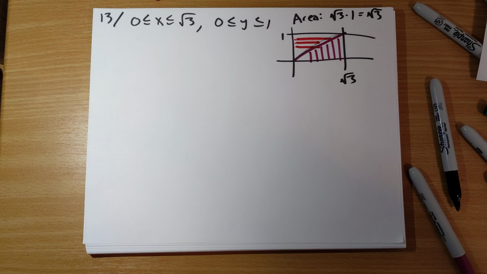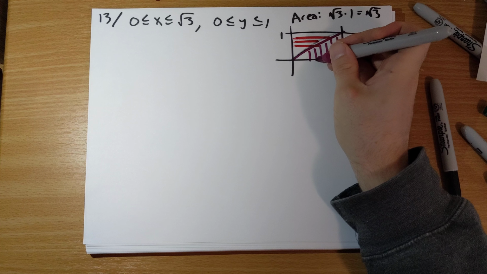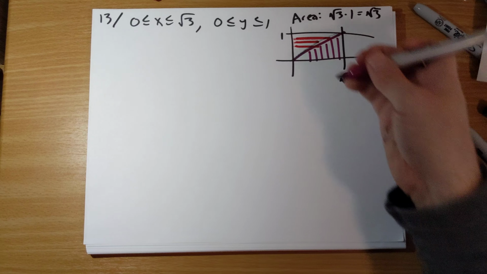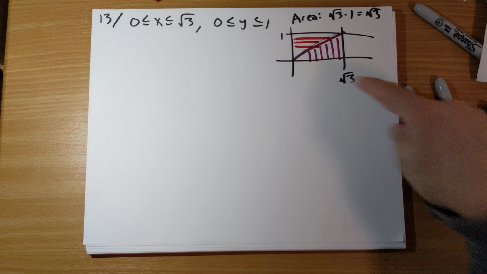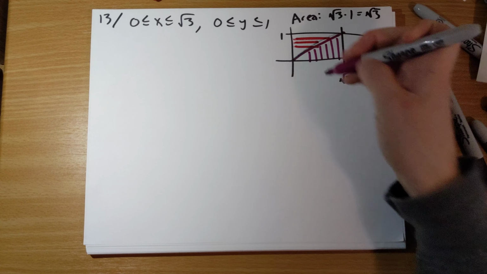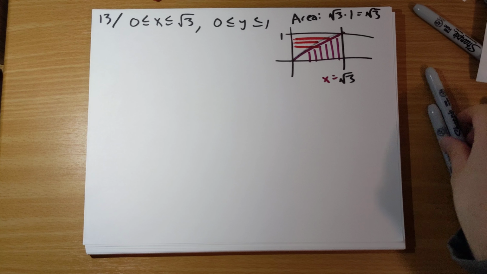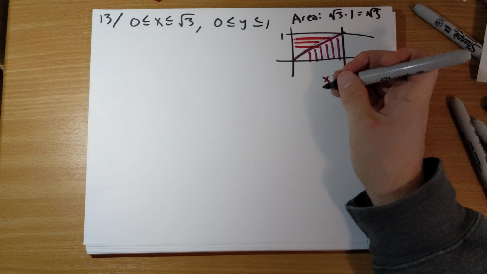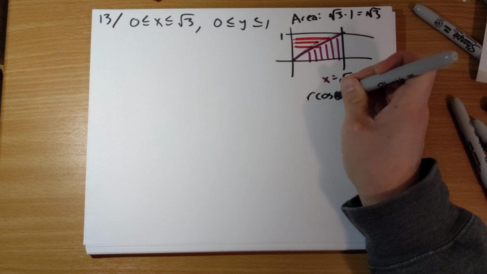Okay, how to find everything involved in polar coordinates. For this lower right triangle here, the bound right here is x equals square root 3. What's that in polar coordinates? Well, x is r cosine theta.